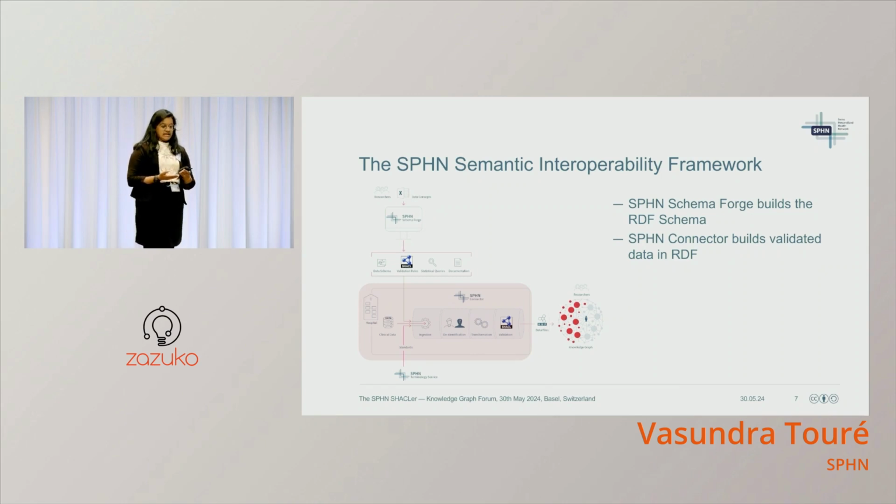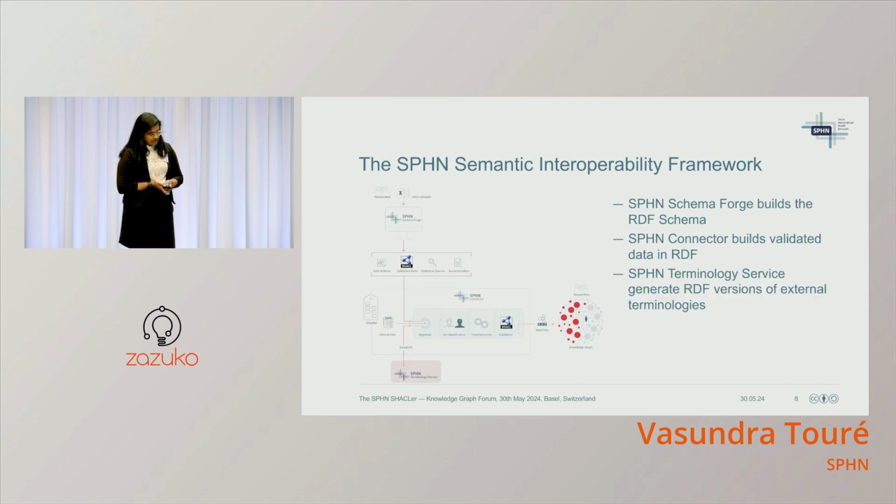So we have built the SPHN Connector, which enables to take data from clinical warehouses, and it ingests all this data, can do some de-identification tasks, transform the data in RDF, and then also validates to the SHACL rules that we have built previously. And once all this is done, RDF data files are generated, which is then shared with the researchers in a secure environment so that they can build their knowledge graph and then do their analysis.